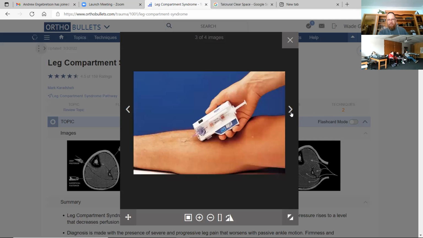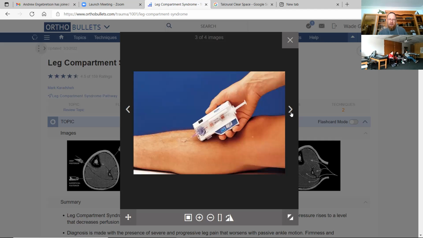Check it out though. This is bananas. There's also a chronic form of compartment syndrome that we'll talk about as well, probably Monday. But you actually have the ability to test the pressures in the lower leg to see whether or not these pressures are elevated.